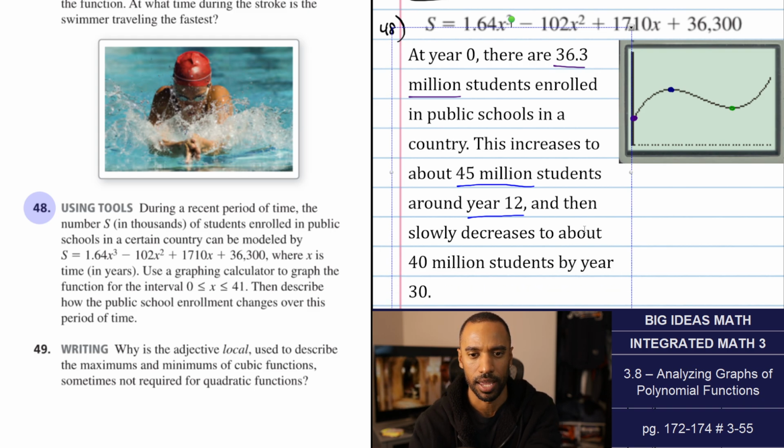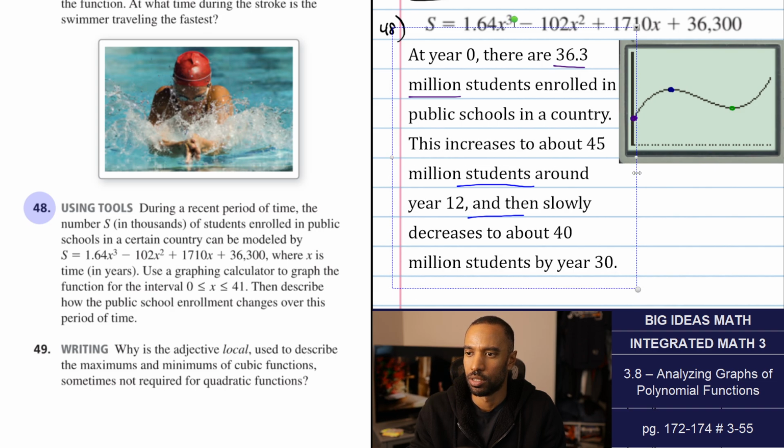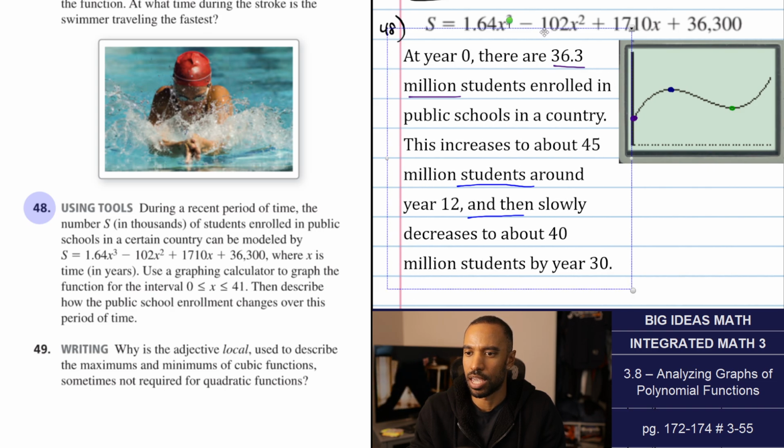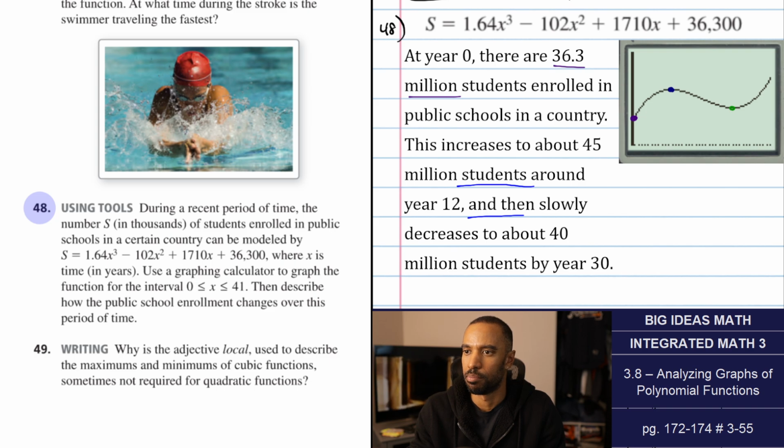It says 29.8. So by year 30. So that's the initial portion of this. And then I want to state what it ends at, because there is an increase after that. Year 30, 40 million students.